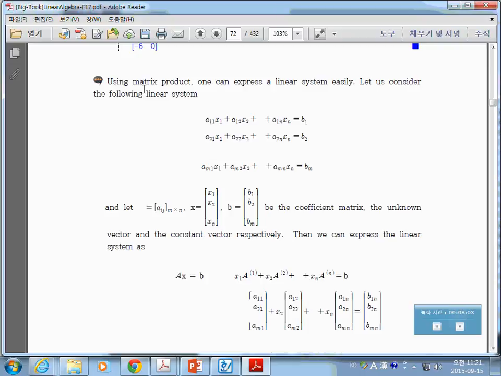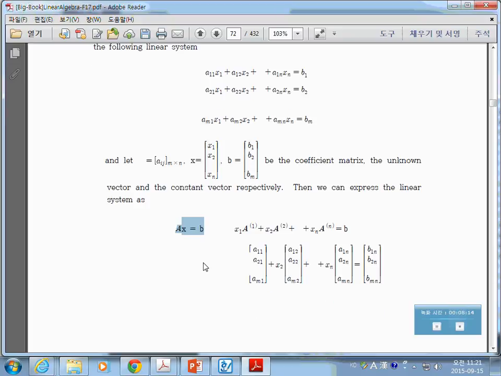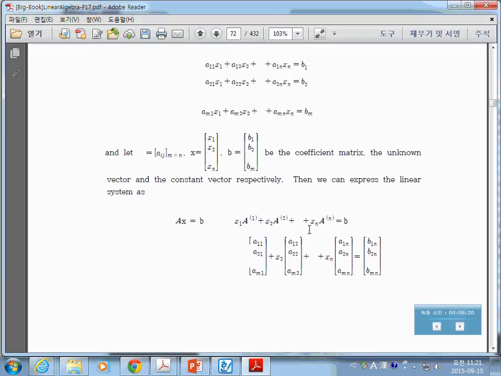Okay, using this matrix product, one can express a linear system in this way. With A, X, B, this linear system of equations can be written as AX equals B, which is equivalent to saying this B vector can be written as a linear combination of these vectors.